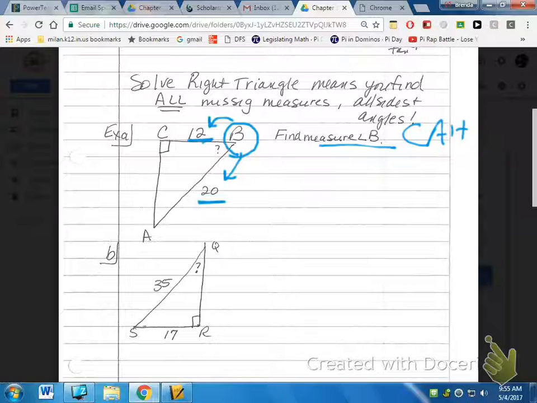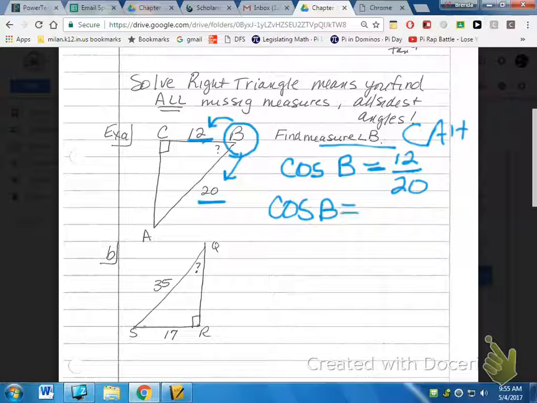So what you would say is this. Cosine of angle B is adjacent 12 over hypotenuse 20. Cosine of B is 12 over 20. Then you use your calculator and you figure out what 12 over 20 is as a decimal. So 12 divided by 20, and that should be 0.6.